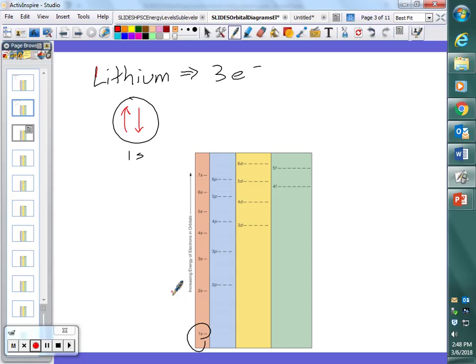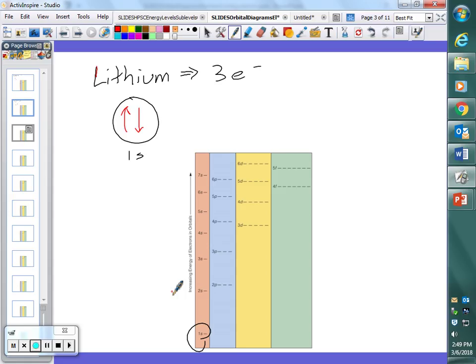This one's full. But have we placed all the electrons that we need to place yet? No. So we go back to our chart. 1s was always the first orbital because it's the one closest to the bottom. Moving up, what's the next closest one to the bottom? 2s. Knowing that it is a 2s orbital, what 3 things can you tell me about it?